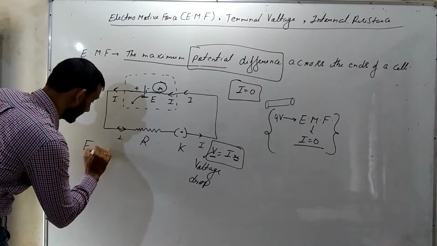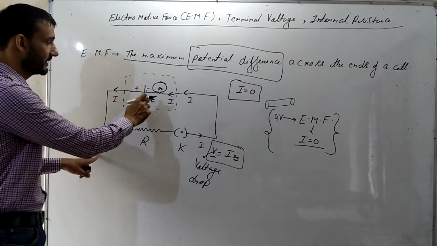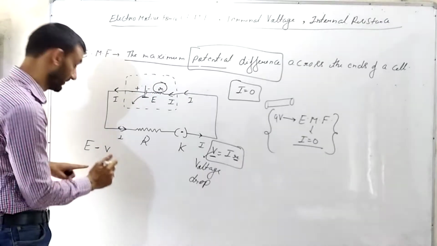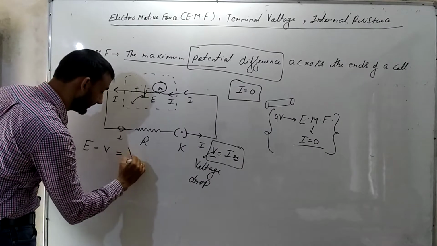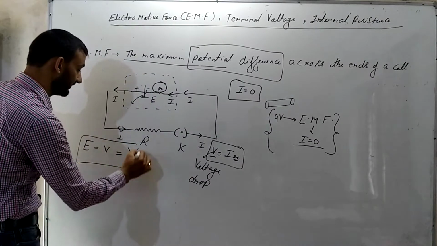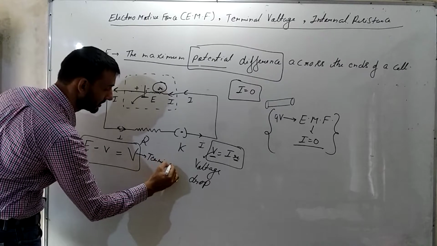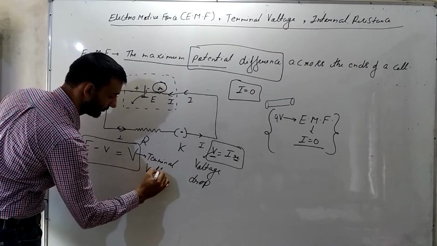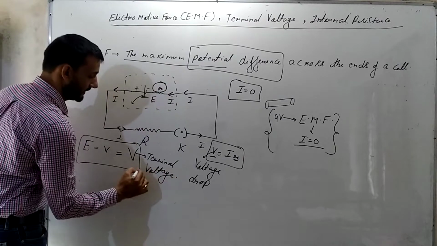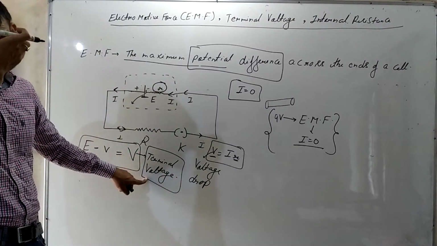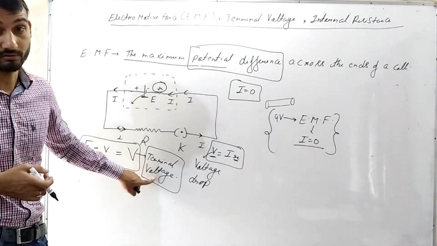So E minus v. Why minus? Because from E, r has taken this much as the current was flowing. Whatever is left with us is capital V, and this capital V is known as terminal voltage. Terminal voltage is the potential of the cell when there is some current passing through it.